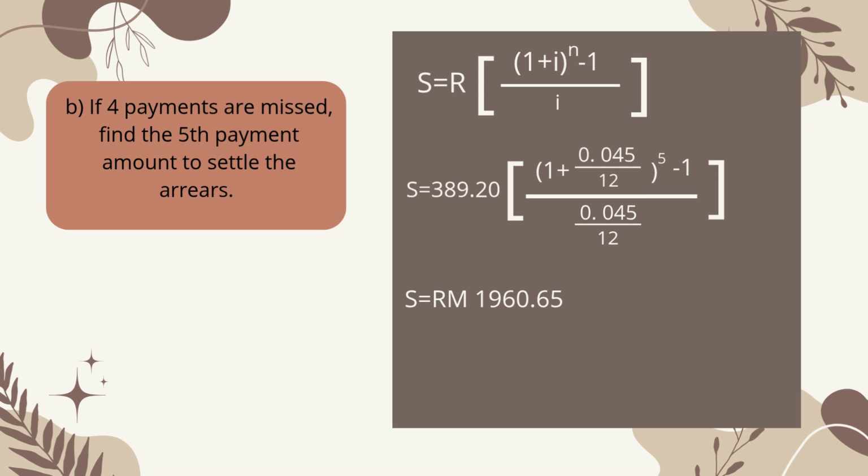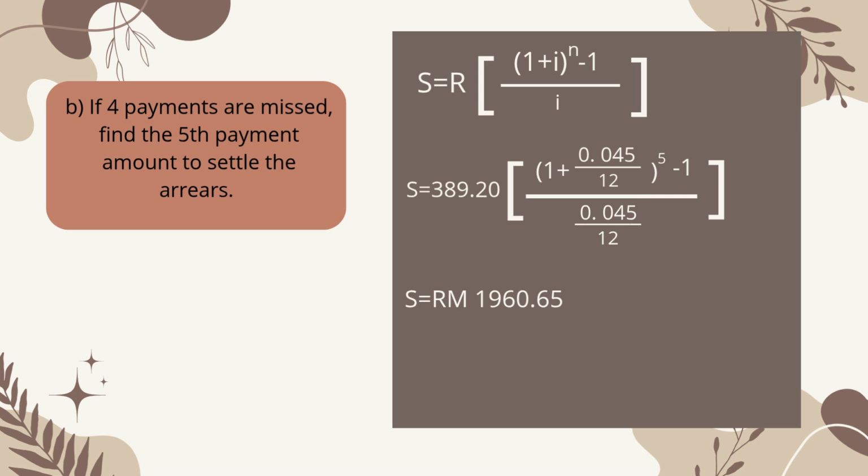In this case, the monthly payment is 389.20 ringgit and the annual interest rate is 4.5%. Since interest is calculated monthly, we divide the rate by 12, giving us a monthly interest rate of 0.045 divided by 12.